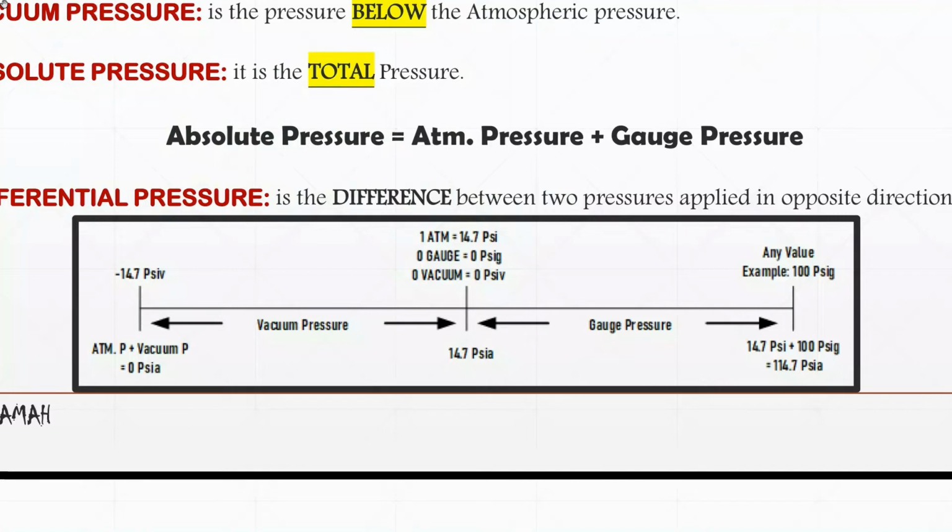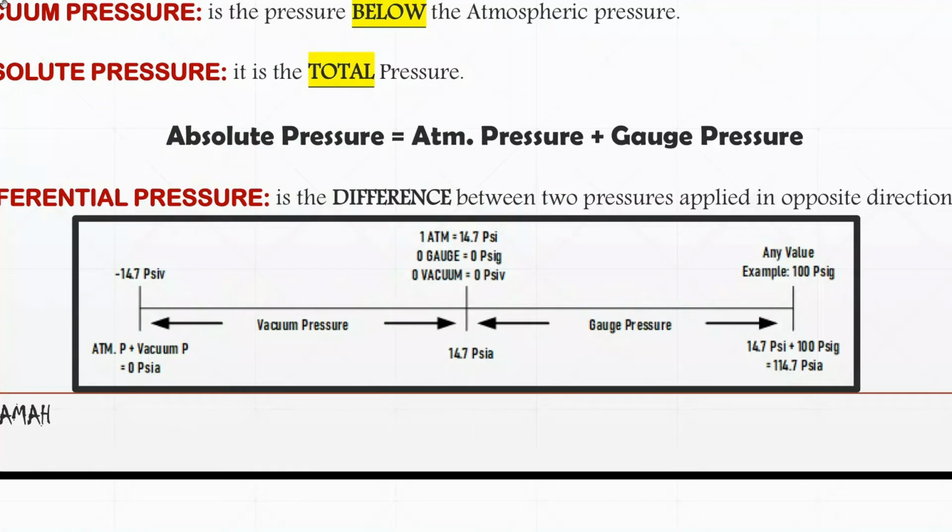Now as you increase the pressure, this area we call the gauge pressure. So any value above the atmospheric pressure is the area of gauge pressure. Now what if you try to take some of this pressure? It is the vacuum pressure. So here you are taking the negative gauge, okay, you are taking some pressure, not giving some pressure.